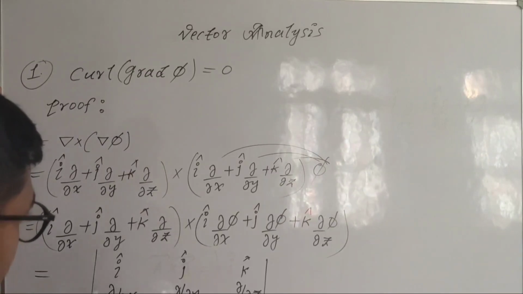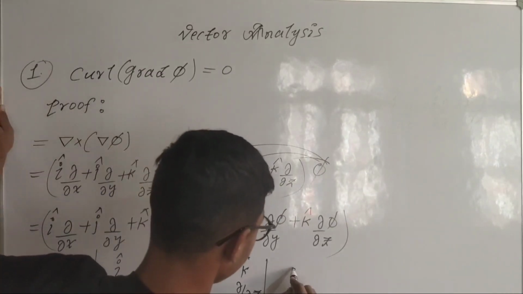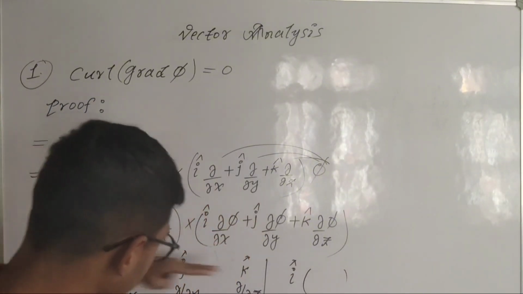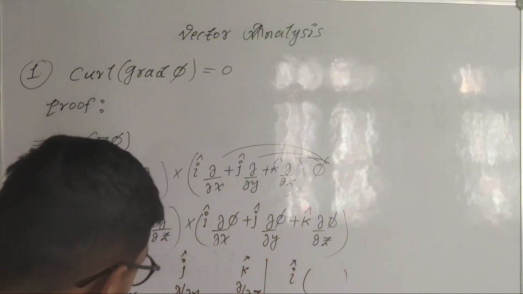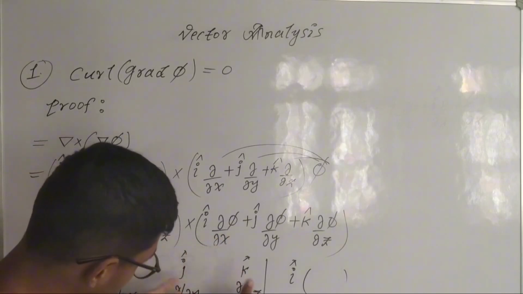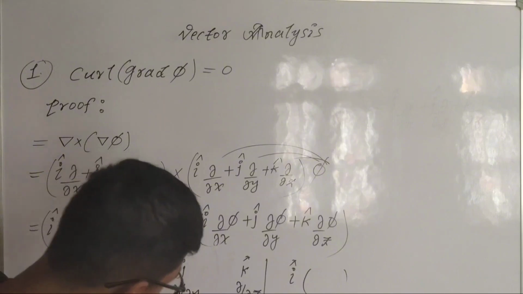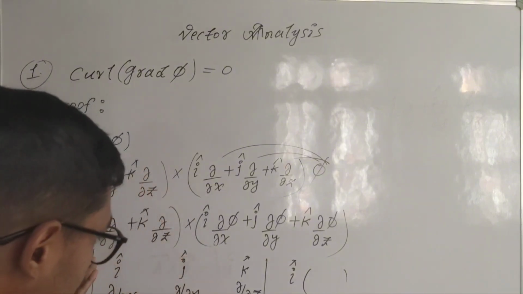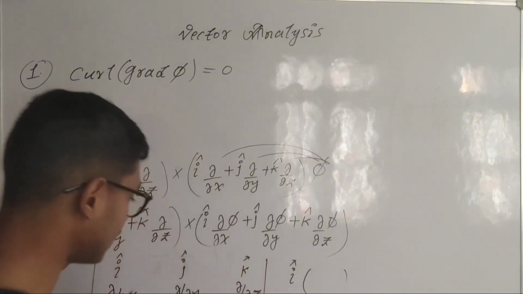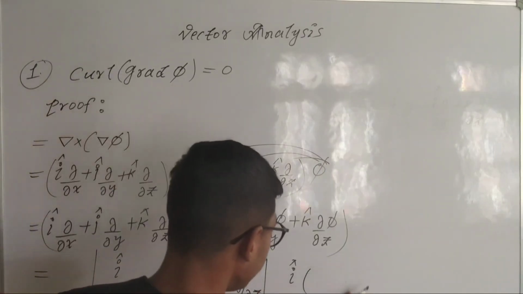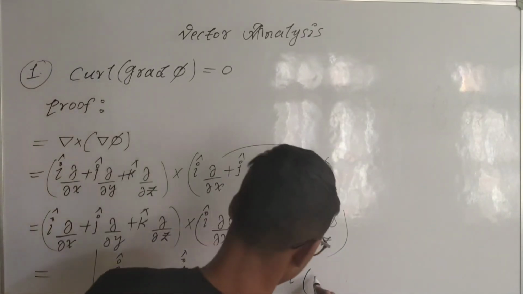First we have to write i. Then we have to hide its corresponding row and column, so these things remain. For finding the determinant, we cross multiply this, and also cross multiply this, and we insert the negative sign over the center.